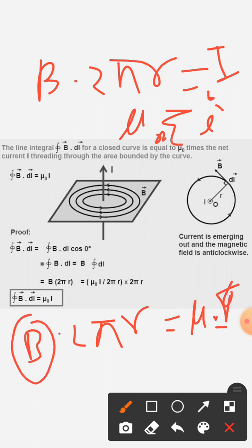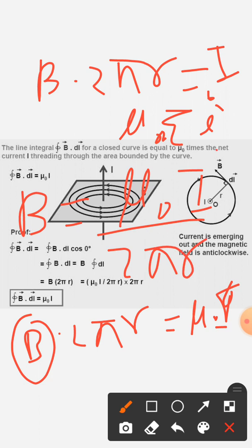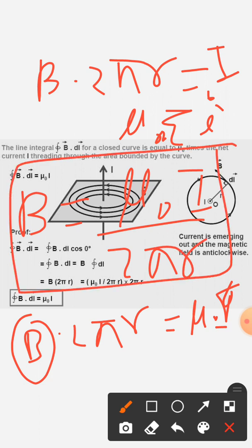So B will equal mu 0 I upon 2 pi r. This is the value of the magnetic field produced by a conducting wire which conducts current I from downwards to upwards.